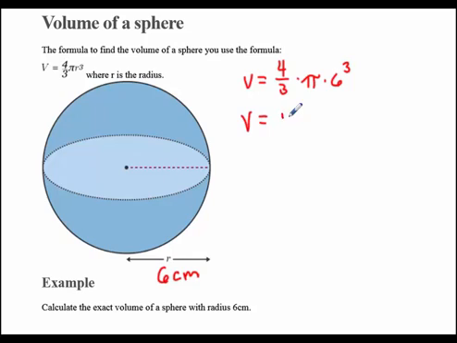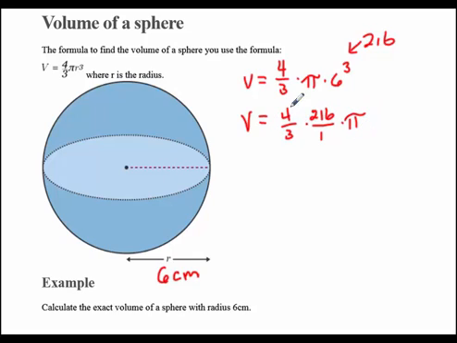And so what we have here is 4/3 times, this is 216. 6 cubed is 216. All right, I'm going to write 216 over 1, so I can multiply it with the 4/3, and still times pi.